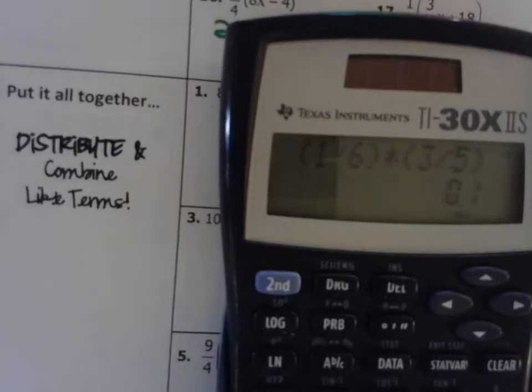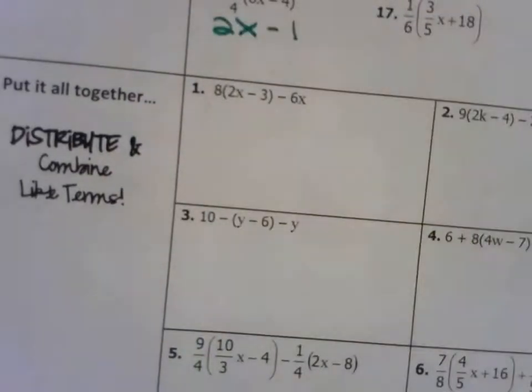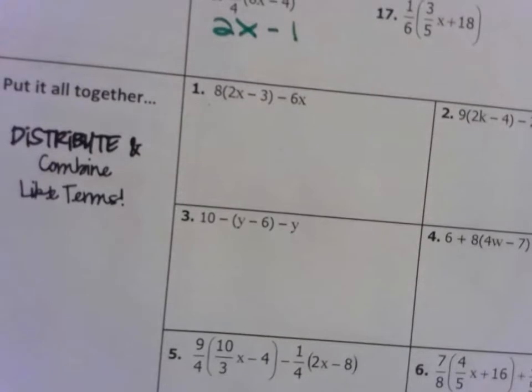I want it written as a fraction. So, to go from a decimal to a fraction, how do I do that? Where's it at? Right there. Yeah. Does it work? Yeah. Okay, you can do it that way.